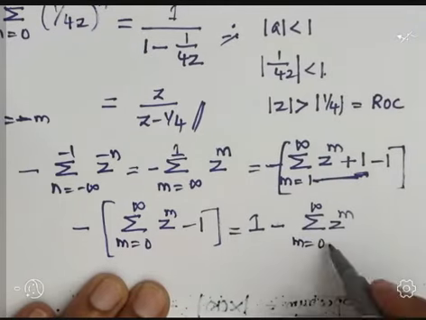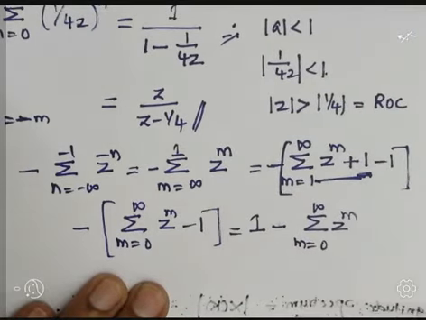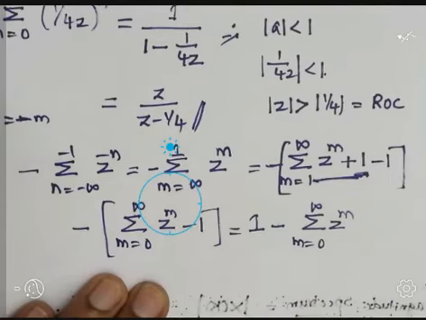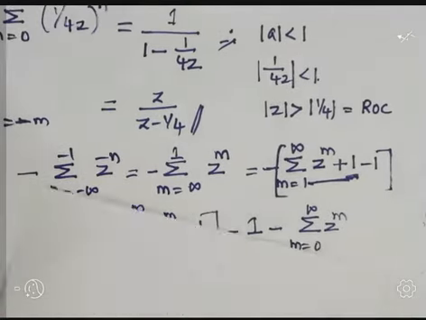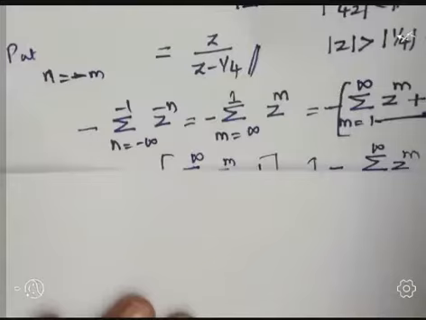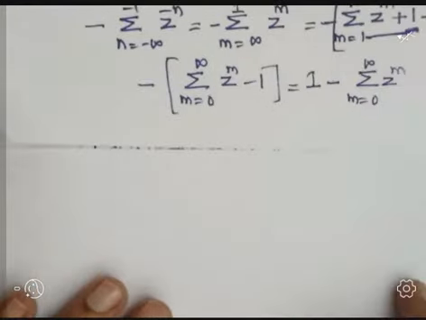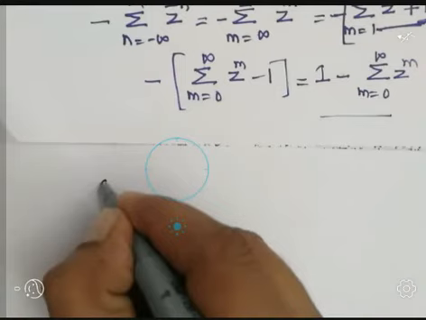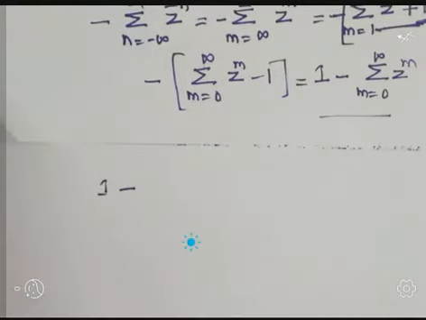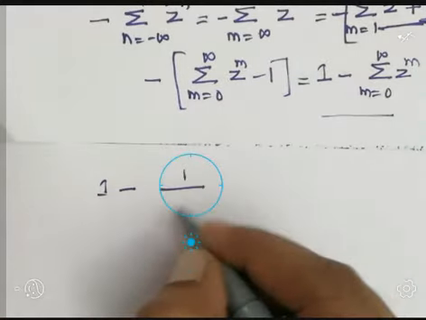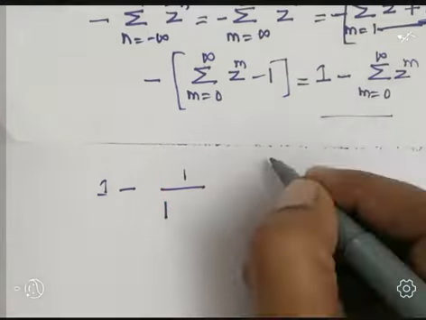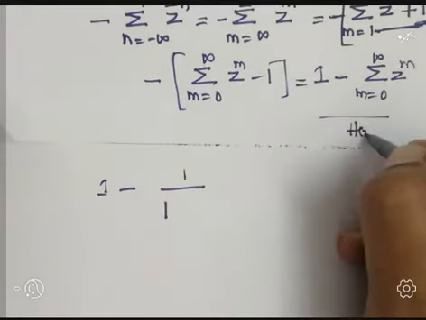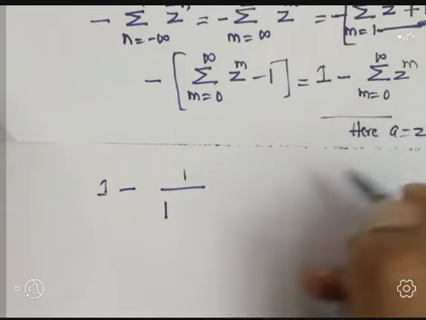So this one we have to solve by using the formula summation 0 to infinity a to the power n, that is nothing but 1 divided by 1 minus a. Same formula. Let us solve this by using that formula, then we are getting the answer as this part: 1 minus 1 divided by 1 minus a. Here a is z, so 1 minus 1 divided by 1 minus z.